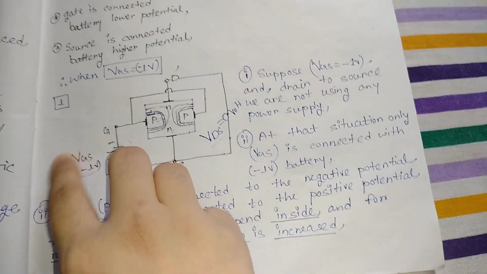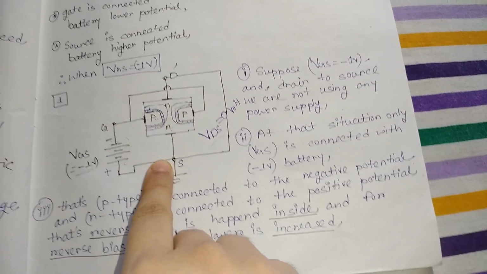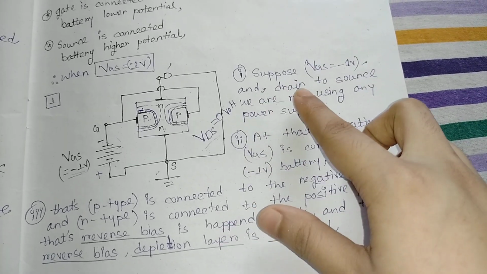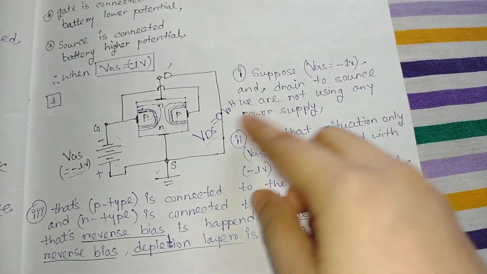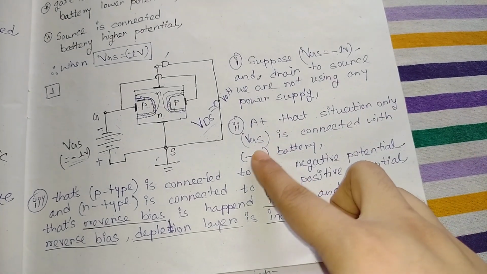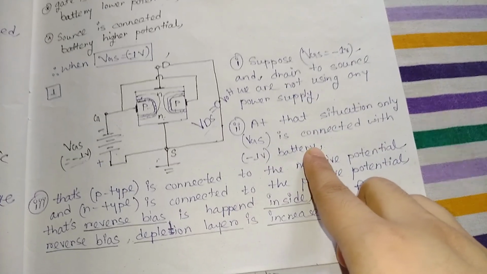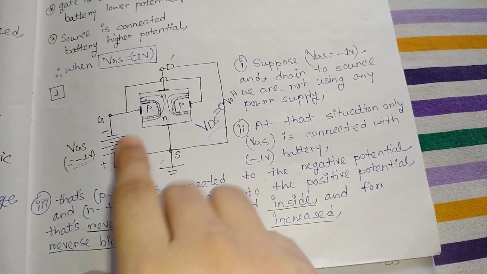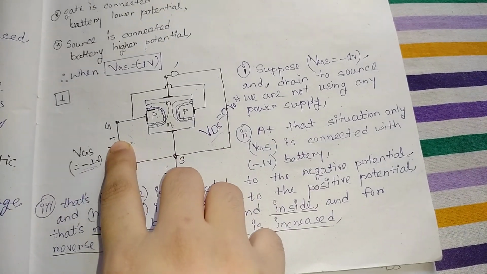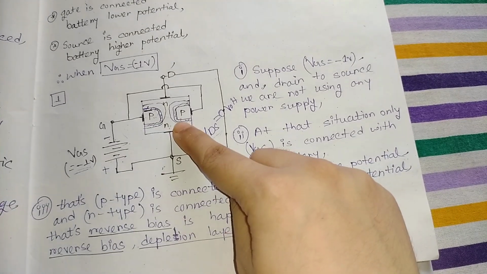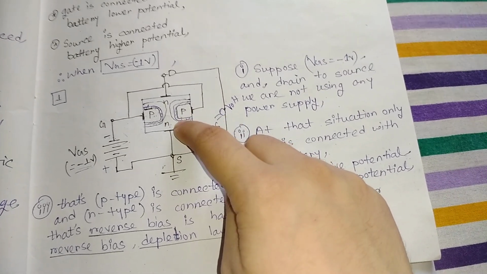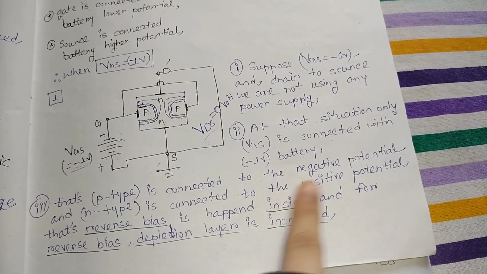We are only applying VGS between the gate and source terminals. So the gate is connected to P type, which is connected to the negative potential of the battery, and the source is connected to N type, which is connected to the positive potential.